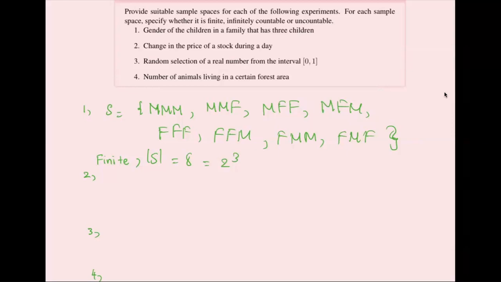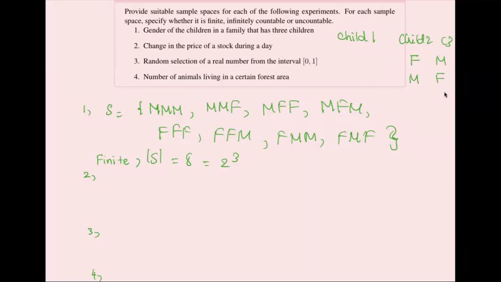MMF is the same as MFM, and no, it really depends. The thing is, if you want your sample space to take into account the order, then they are not the same, because what they are saying is I have 3 children, right? I have child 1, child 2, and child 3. If child 2 is female and child 3 is male, it's different from when child 2 is male and child 3 is female.